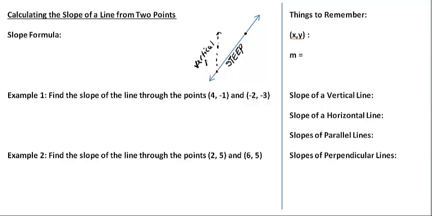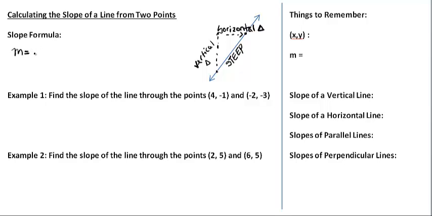Vertical change is the amount of change that we increase going straight up and down. That's compared to our horizontal change, or how much we move left or right. And we represent change with a triangle symbol.